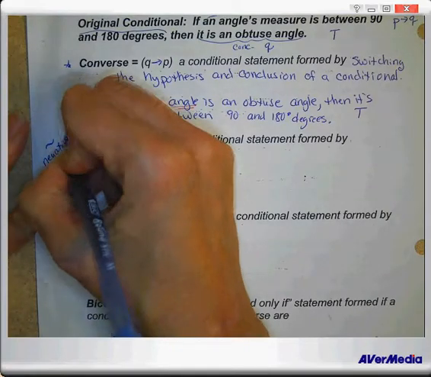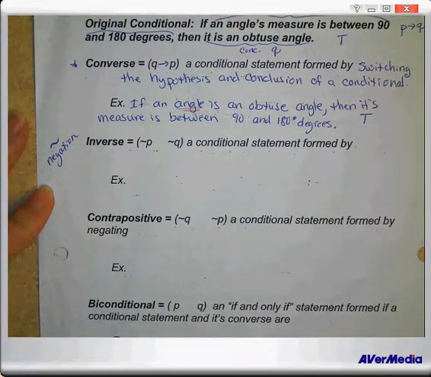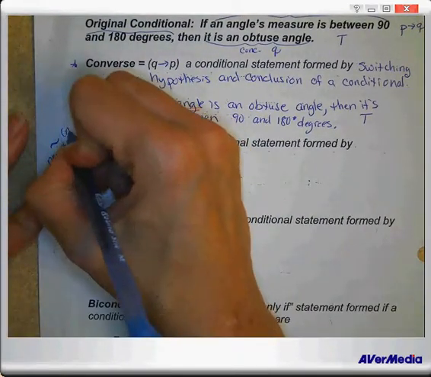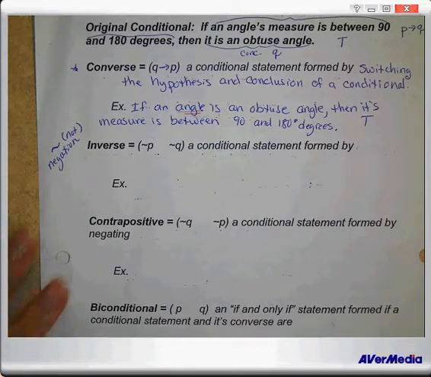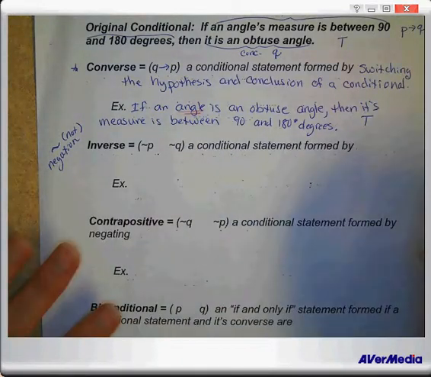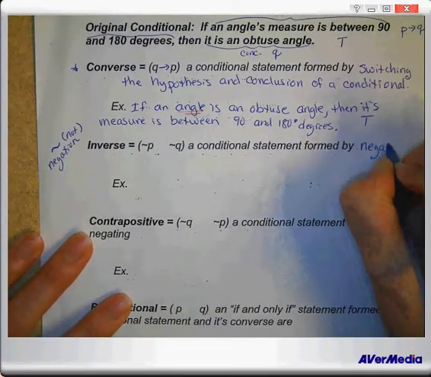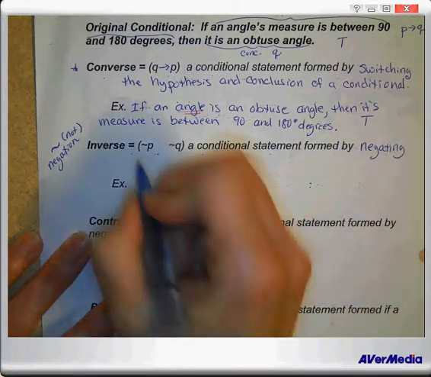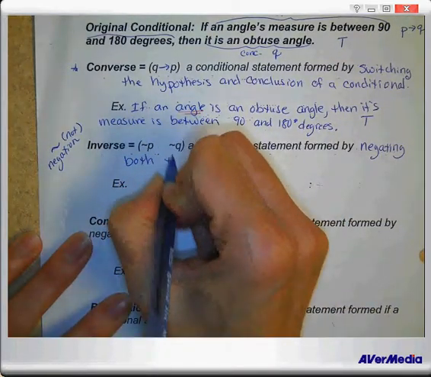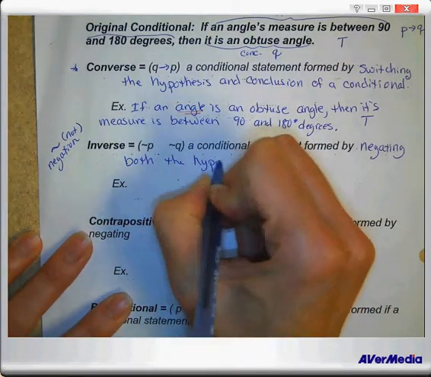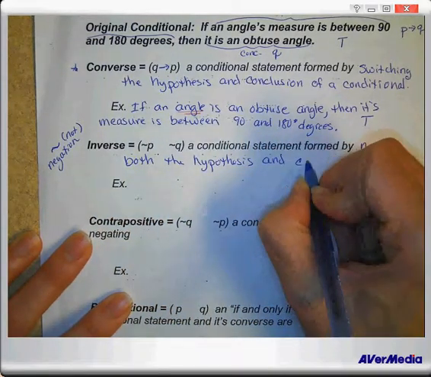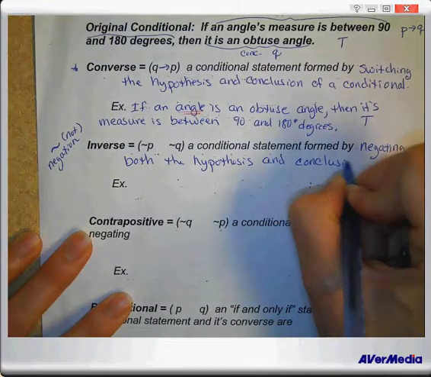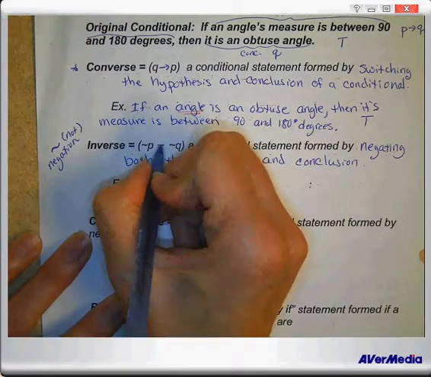Now, an inverse of a conditional statement is formed by negating both the hypothesis and conclusion. And notice I still put the arrow then. The P and the Q's don't switch spots this time, but I negate them. So we go through something more like this.